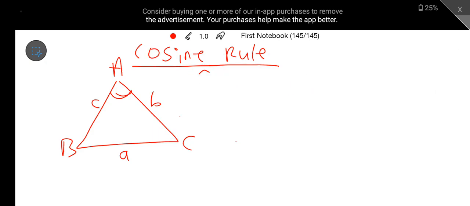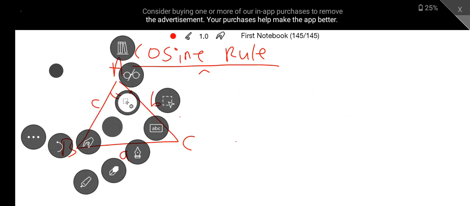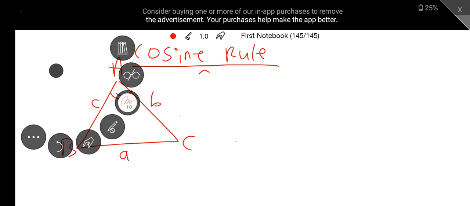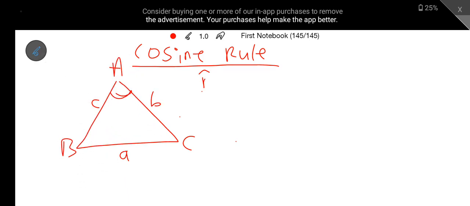Now let's say angle B is known. So angle B is known. The cosine rule will now start with B and will be B squared is equal to, because angle B is this one here, which two sides are between angle B?